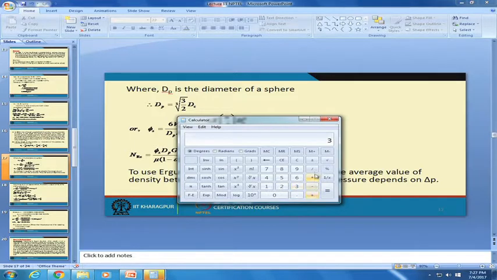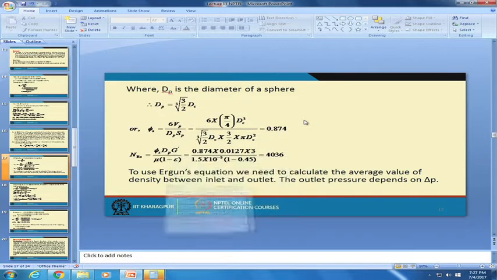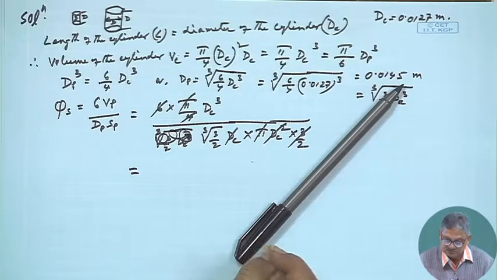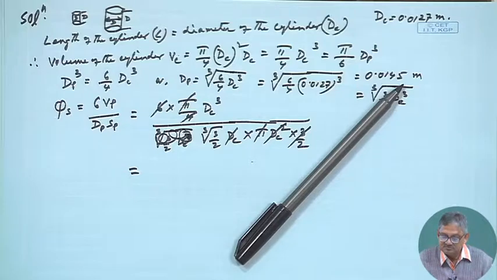Three divided by 2 is equal to so much, cube root of that. Now pi by Sp is pi dc square, okay.